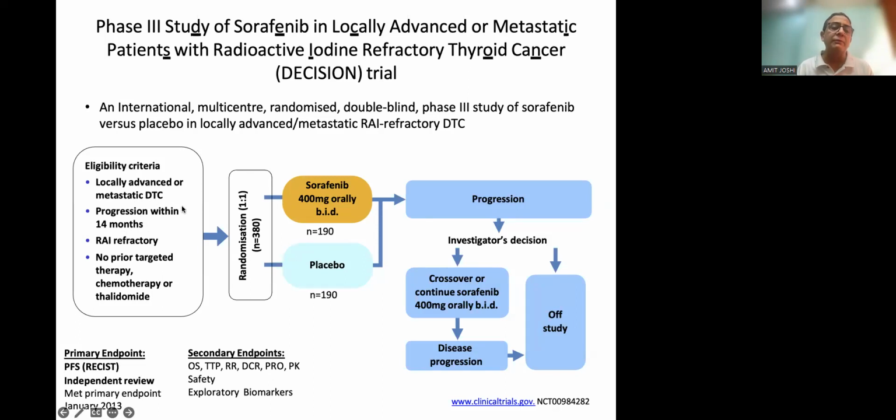In clinical practice, even if the patient has become radioiodine refractory, but the disease is not progressing very rapidly, is it acceptable to start these therapies just on a simple progression? No, there should be progression of the disease within the last 14 months, because we all know that some radioiodine refractory patients may not progress very rapidly.